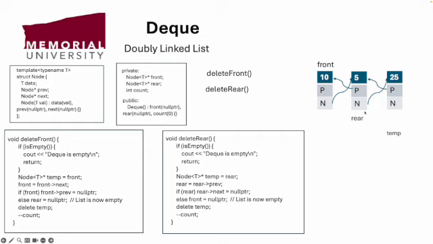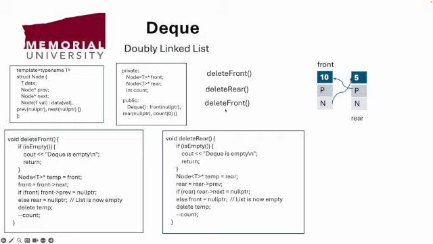And rear is not none, so rear's next is set to a null pointer. So it means this will be gone. We break this relationship between these two nodes. Okay, and then delete the temporary, delete this node, and reduce the size count, count minus, by 1.